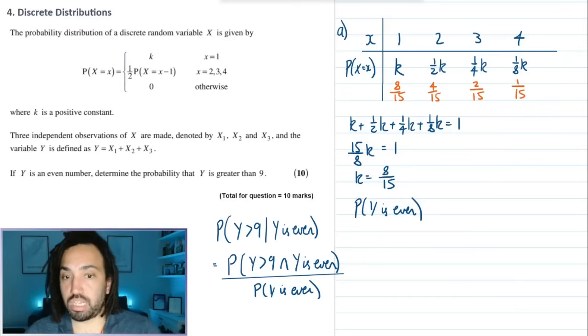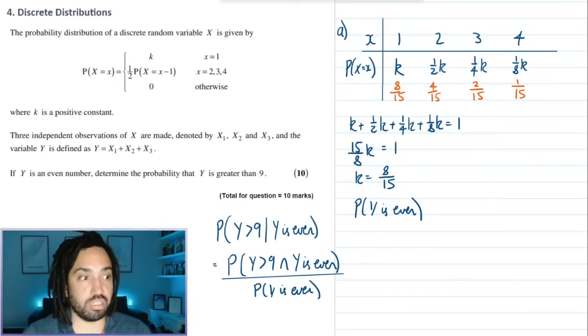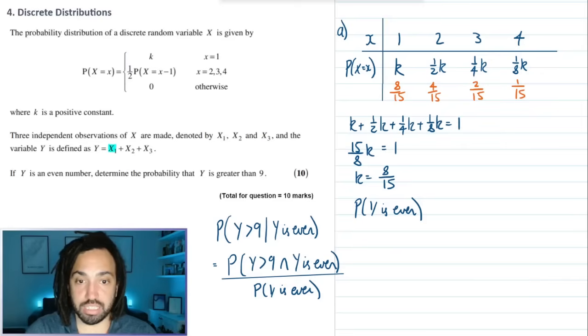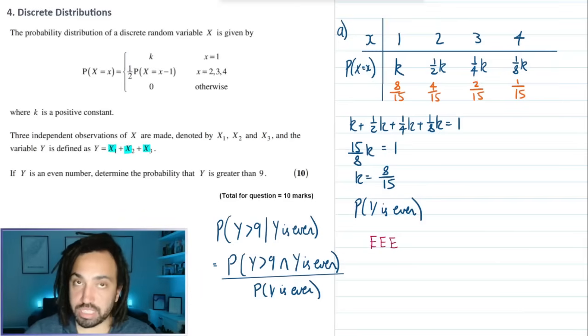How do you get an even number when you add up 3 numbers? Well, there are a few possibilities. It's either that we get 3 evens, or we get 2 odds and an even, which can happen in 3 different ways.